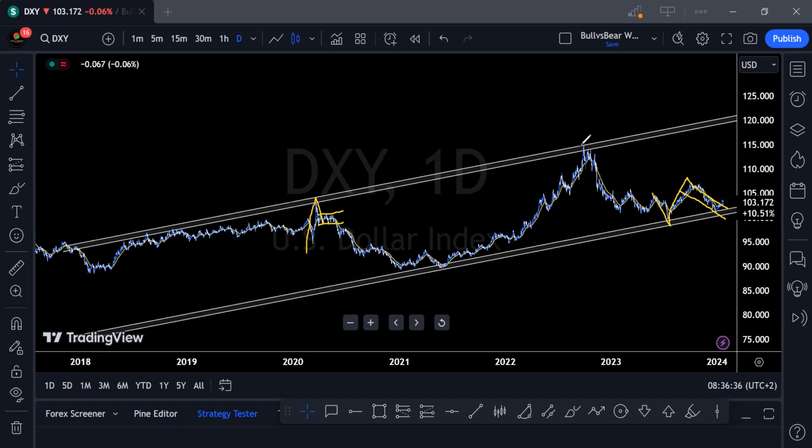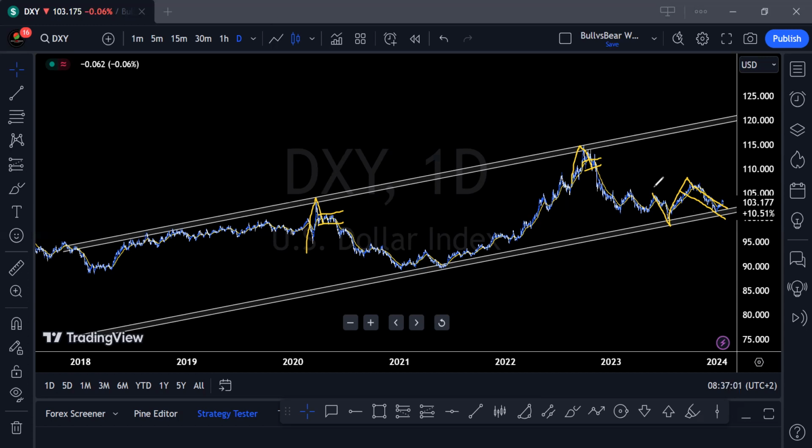Even here, when we zoom in, there is a V, and that is followed by a correction. It's either it will be on the higher time frame, or it's going to be on the lower time frame. It will depend on which time frame you use, right?